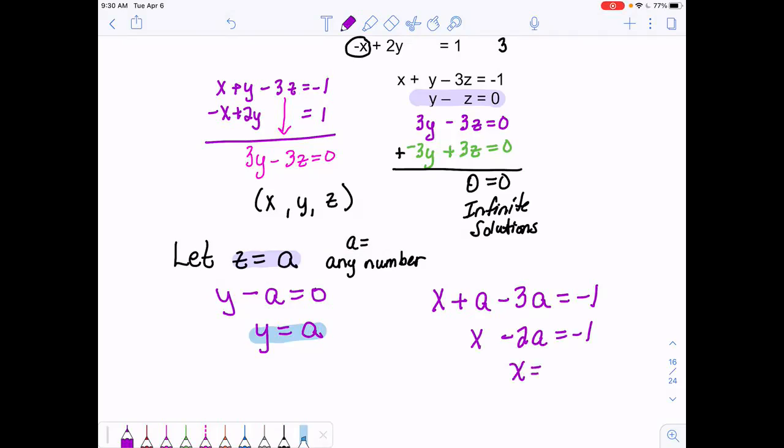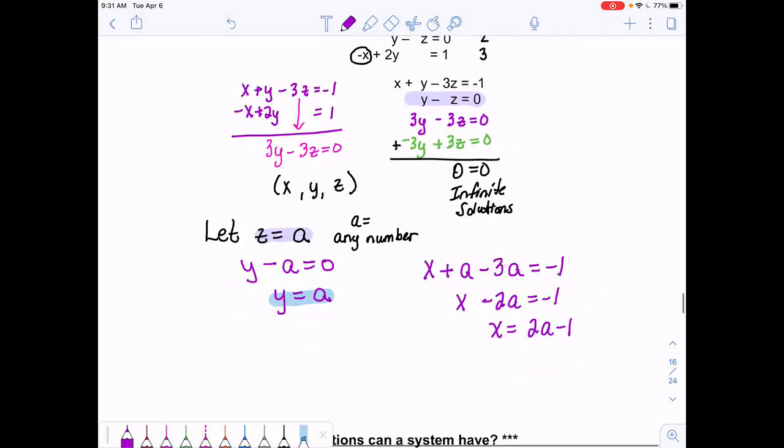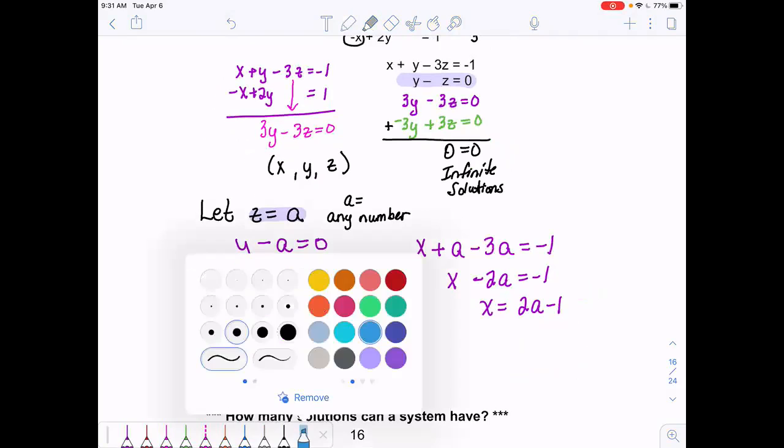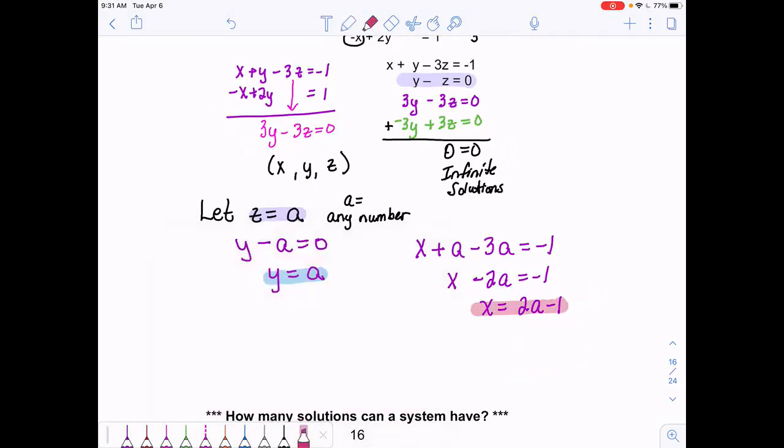So if I solve for x, I get 2a minus 1. So that means x must be 2 times a and then -1. So my x variable now has a way to represent it as well. So our ordered triple is going to be 2a minus 1, that's x, and then y, and then z.